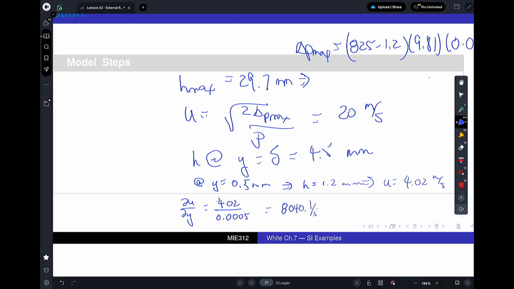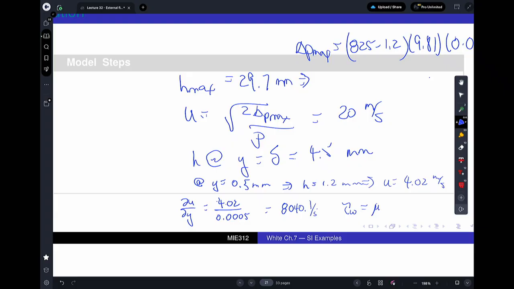You can also calculate what the velocity gradient is between the lowest measured point and the wall: 4.02 minus 0 over 0.0005 minus 0, so 4.02 over 0.0005, and you have a value of 8,040 inverse seconds, which you can use to calculate the wall shear stress.